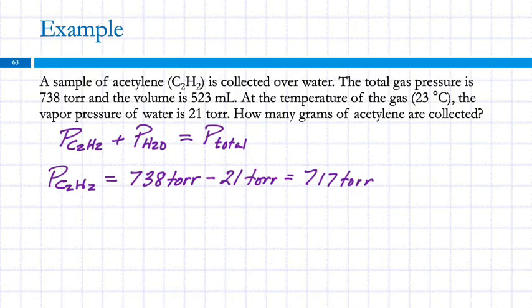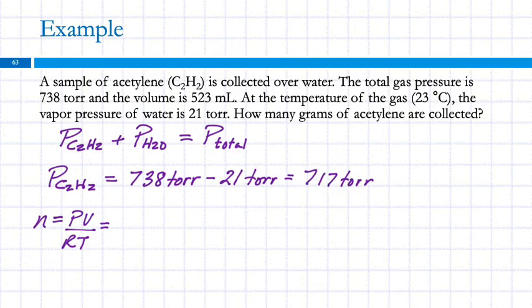How many grams of acetylene? What can we find using the ideal gas law? Moles. So we can find the moles of gas, and then we're given the formula so we can calculate the mass using the molar mass. So the moles of gas is the pressure times the volume over RT. Is this pressure going to work for us?